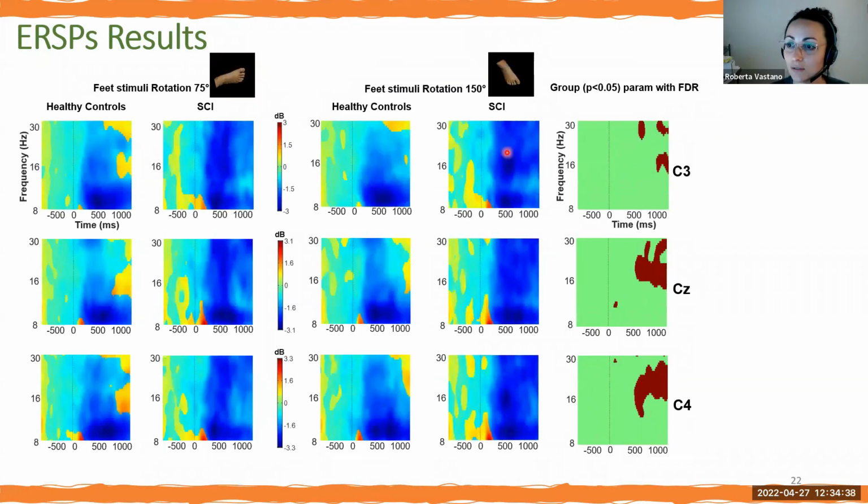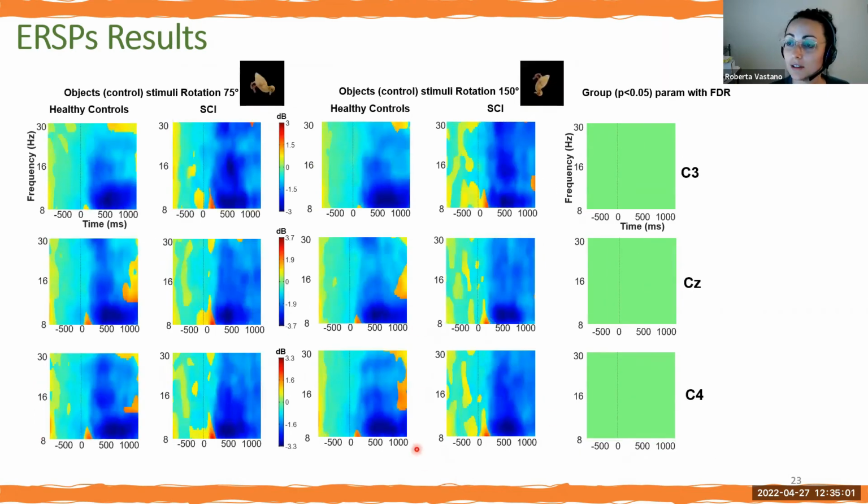Similarly, we found this for the feet stimuli. Same thing here, we have 75 degrees, 150 degrees, and here the activation map to indicate where this was significant. We found a similar thing, a higher desynchronization in SCI participants compared to control in the three electrodes and across these conditions.